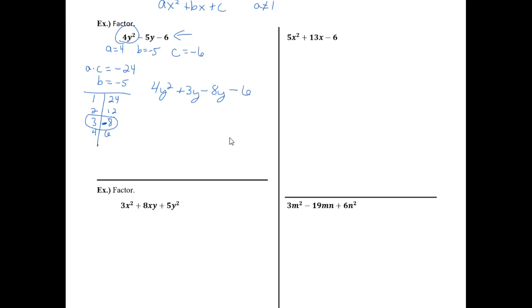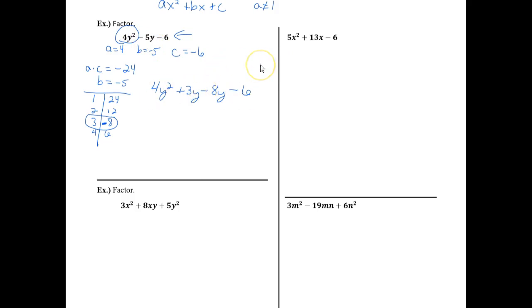Then my last term stays the same. So now I have 4 terms. And we know that when we see 4 terms, we factor by grouping. I haven't changed this from the original. The only thing I've done is rewritten -5y into those like terms, 3y and -8y. Those add up to the -5y that I started with.